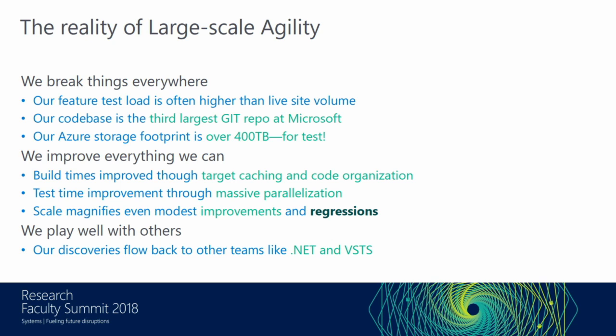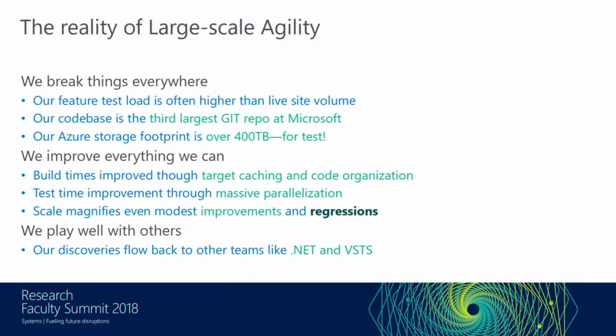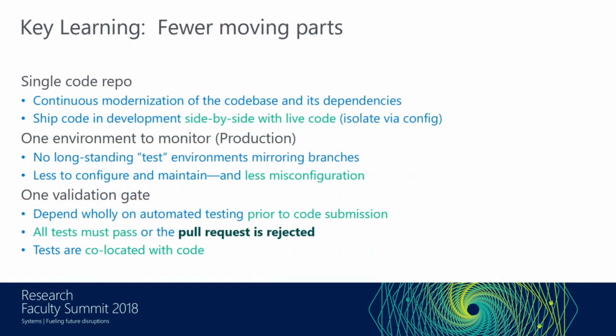If it takes 4 seconds to start the browser and we have 46,000 tests, then we've wasted minutes of time. So what we've done is we pre-warm the browsers. We have the browsers already running, and the test grabs the next one and runs it, right? So we just find that we can continue to improve just because we want to get faster. And we play well with others. We have also got something coming up with .NET for .NET Core that's going to be really exciting.